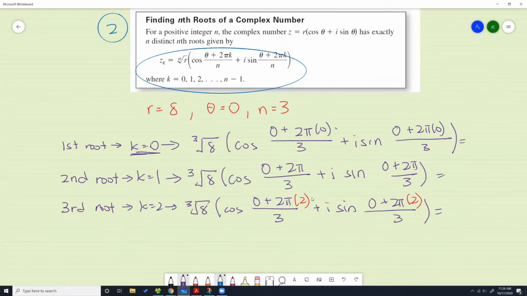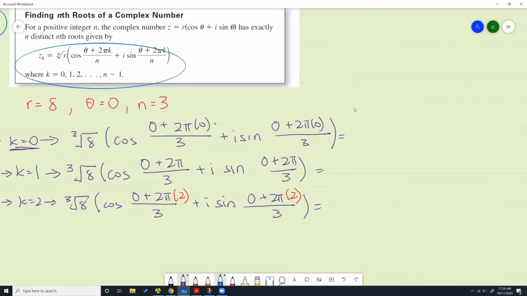All right, so now we're ready to solve each one of these. Cube root of 8 is gonna be 2 no matter what. Cosine of 0 is gonna be 1 plus 0i, since sine of 0 is 0.